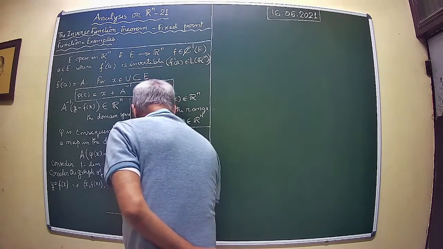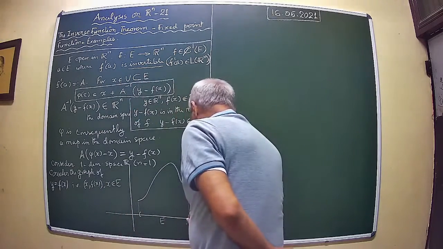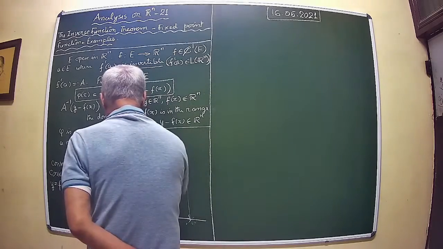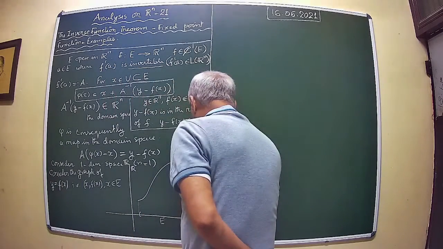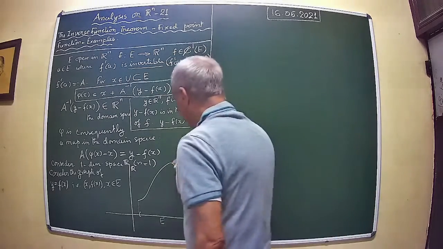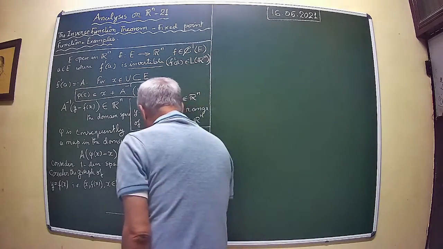This is your E. And this is R. So from R to R. This is generally the point. Now see, a is some point here.